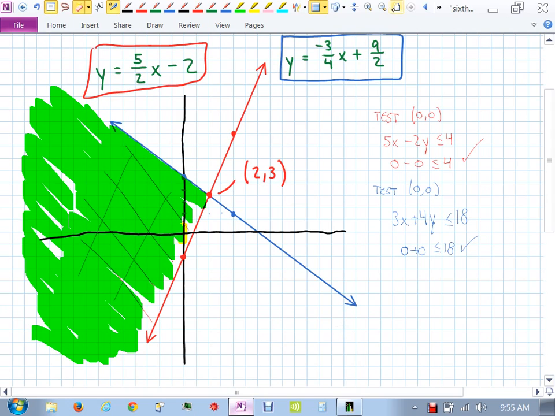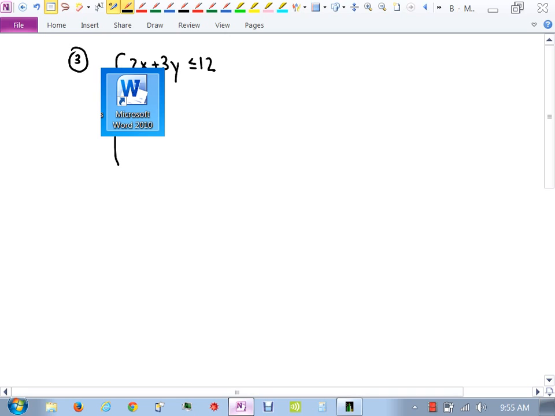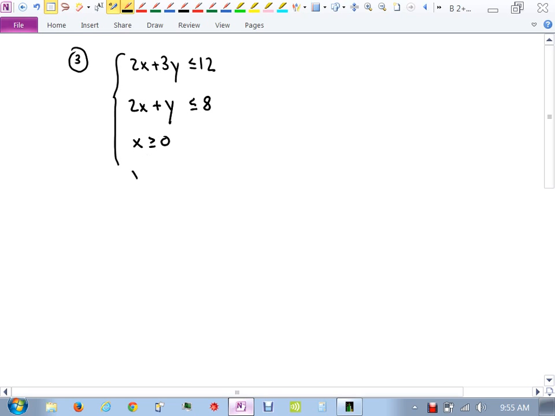Next one. All right, for number 3: 2x plus 3y less than or equal to 12, 2x plus y less than or equal to 8, x greater than or equal to 0, y greater than or equal to 0.